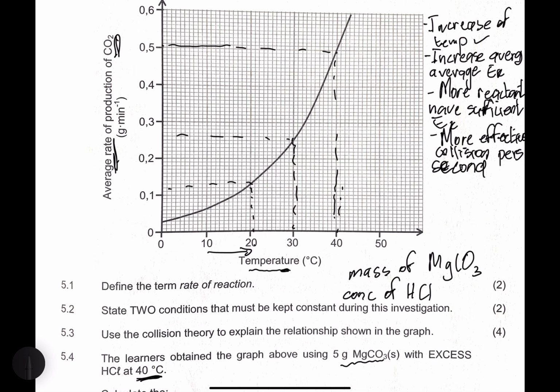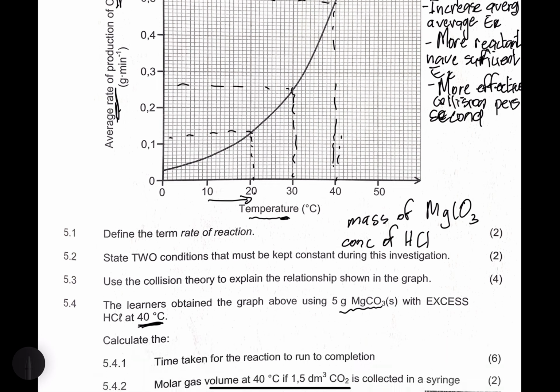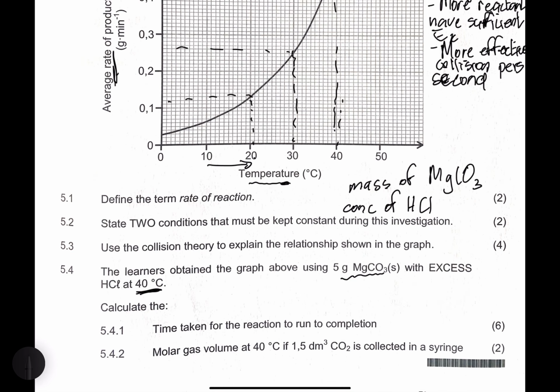Okay, so in this case we've got the average rate of reaction, and it's in grams per minute. So that means in this case, given that we've got magnesium carbonate, is it possible for us to determine the amount of carbon dioxide that we will be able to obtain on the other side?